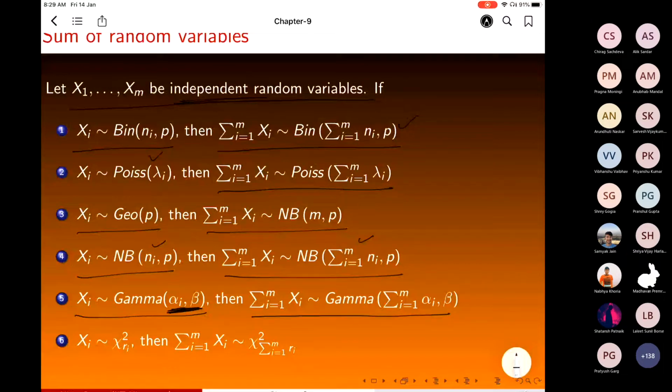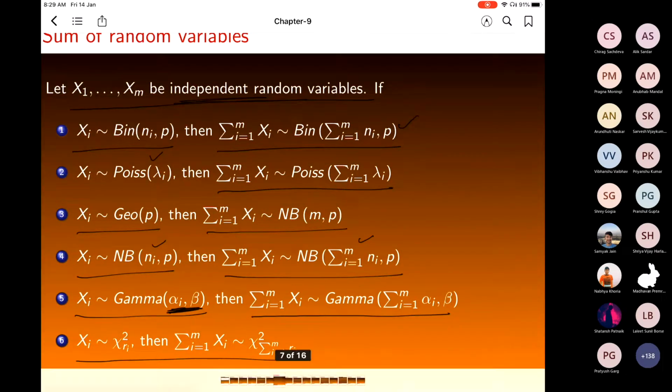If Xi is chi-square, then the summation of Xi will again be chi-square with parameter summation of r i, i from 1 to m. Okay, in this fashion, all these proofs can be done easily using the moment generating function approach.